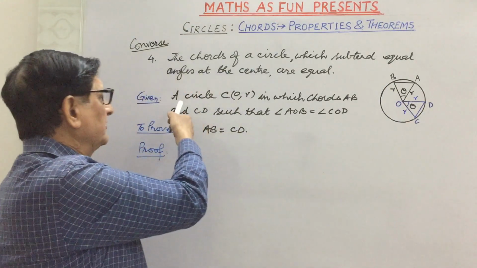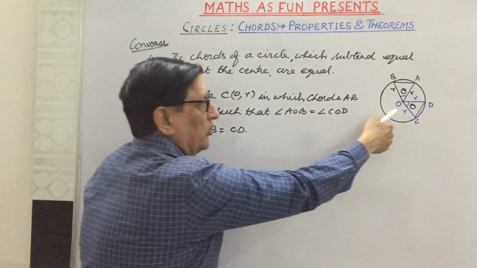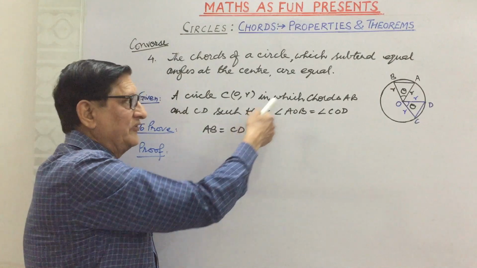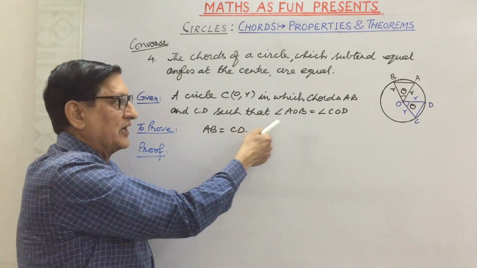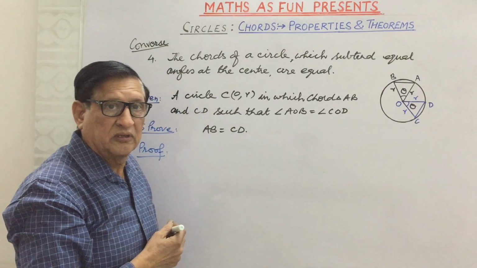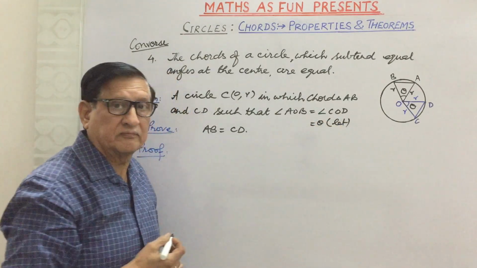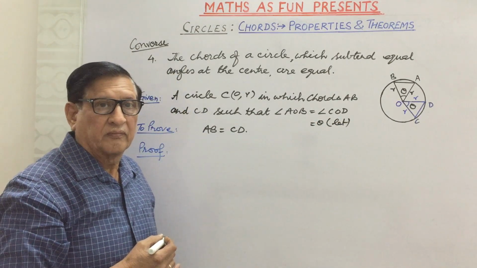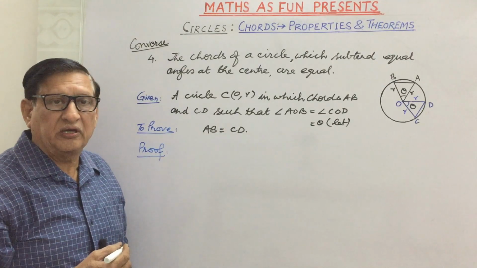So we write, given a circle with center O and radius R, in which chords AB and CD are such that angle AOB is equal to angle COD. We can also write here, let it be theta. We have to prove that AB is equal to CD.